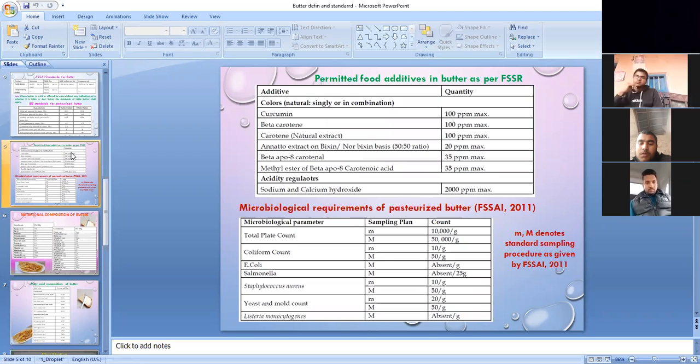Similarly, sodium and calcium hydroxide is added to the cream so that we can keep the butter for a longer duration.